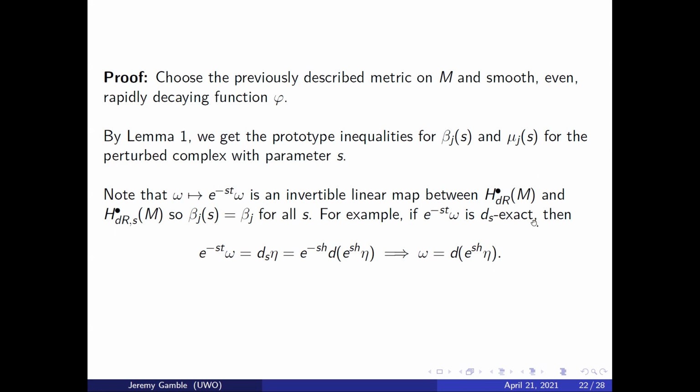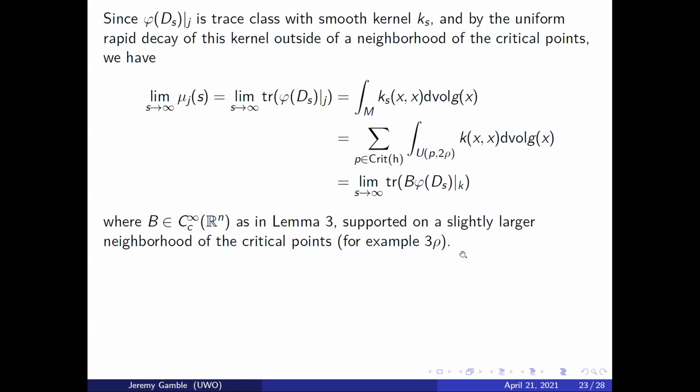If you have a form that's exact in the sense of ds, then you can write it this way, because remember ds was this conjugated operator. And then if we multiply by e to the minus st, that tells us that omega itself is exact. And then everything else goes through similarly, which shows that these are isomorphic vector spaces. And so the Betti numbers are the same.